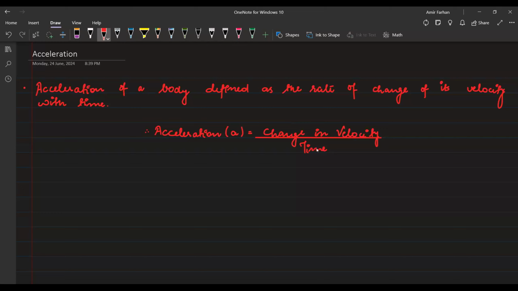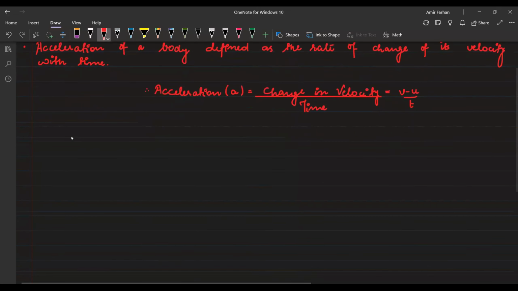If I write in terms of initials, that is v, u and t. v represents the final velocity, because we always subtract the initial velocity from the final velocity if I want to calculate a change.